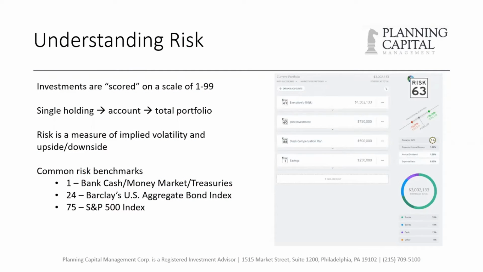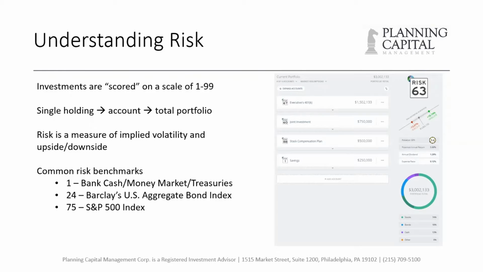So the way that we typically look at risk is utilizing something called a risk number. It is a fairly simple concept, scoring investments on a scale from 1 to 99, 1 being the most conservative investment, think of cash, and 99 being the most aggressive investment, think of Elon Musk putting all his eggs in one basket.